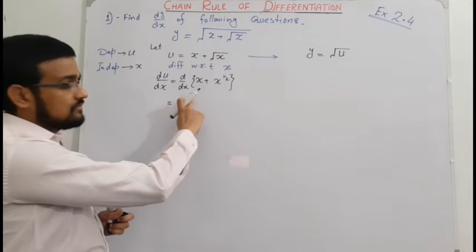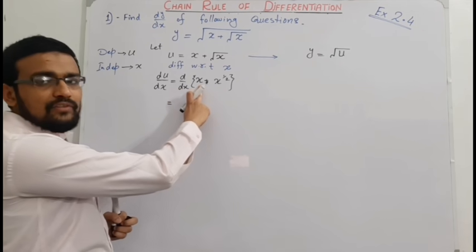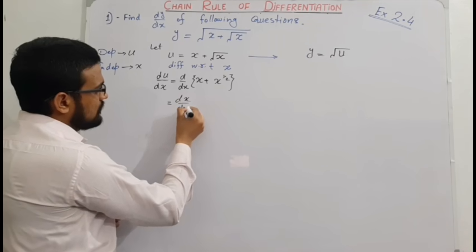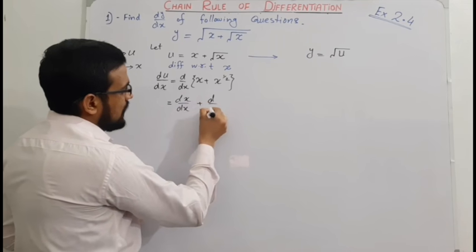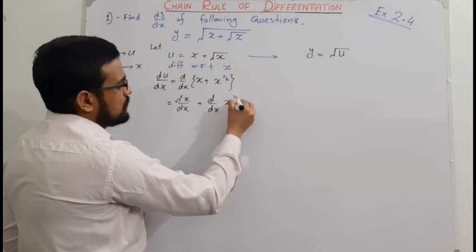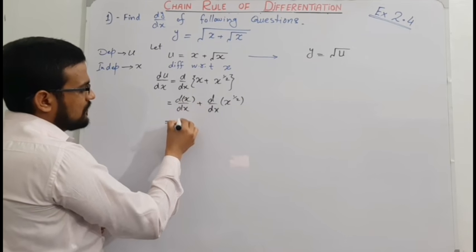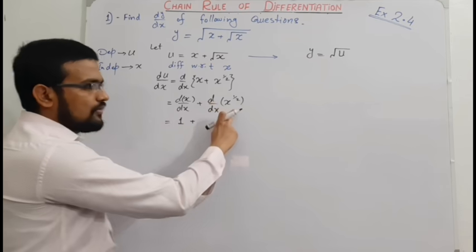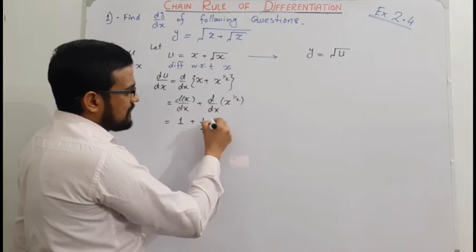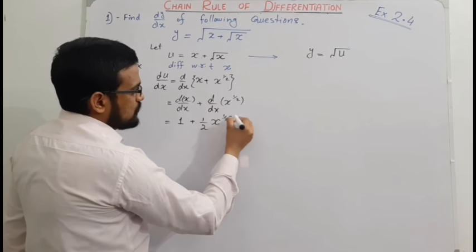You know, the derivative of x is 1, and the derivative of x raised to power 1 by 2, according to the power rule, the power becomes a multiple, and the power is 1 by 2 minus 1.